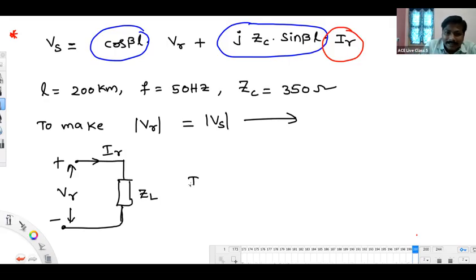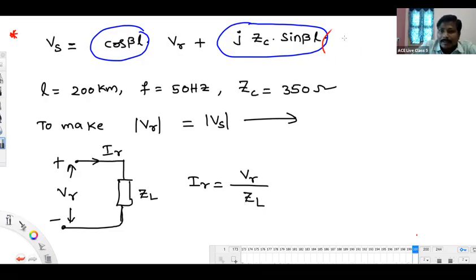What is the receiving end current you can write from this? That is nothing but the receiving end voltage by the load impedance. Receiving end current Ir equals Vr by ZL. So this Ir, I am going to replace with Vr by ZL.